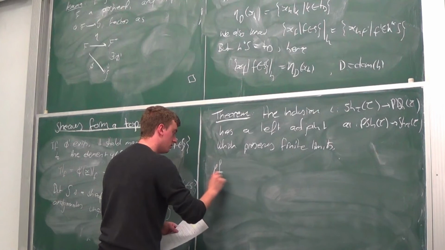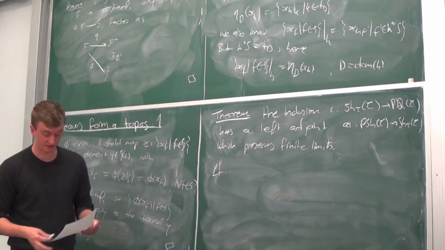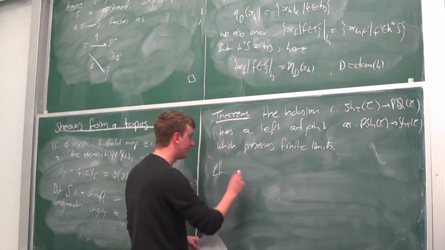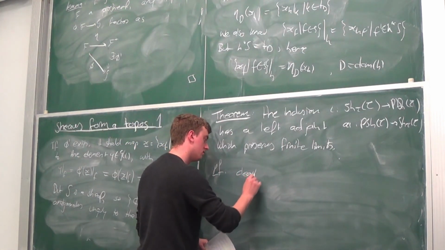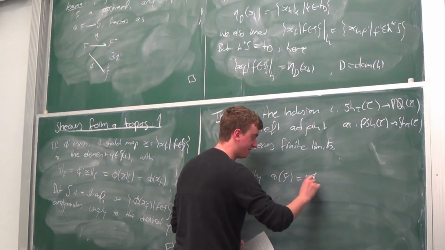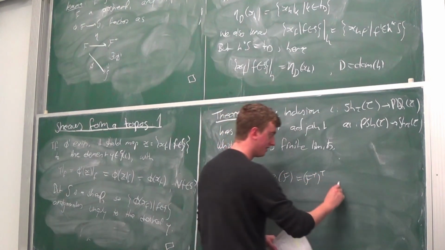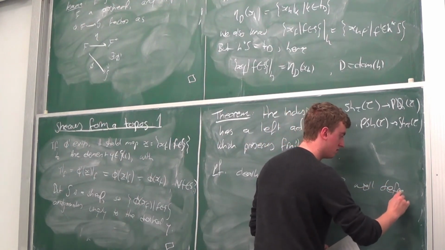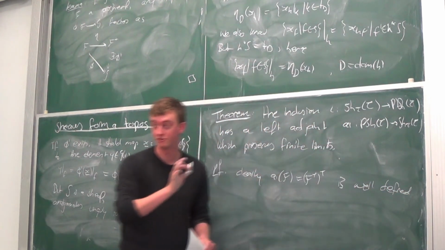Okay. So with what we have so far, it's not hard to prove this. So first, clearly, A of F being F plus is well defined, as in it lands in the category of sheaves.